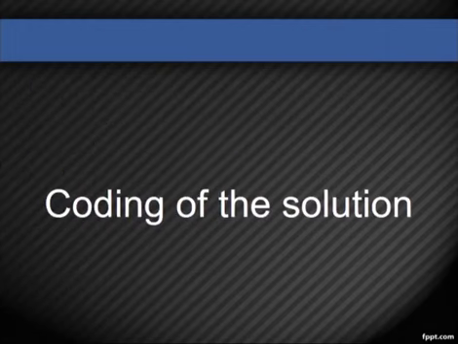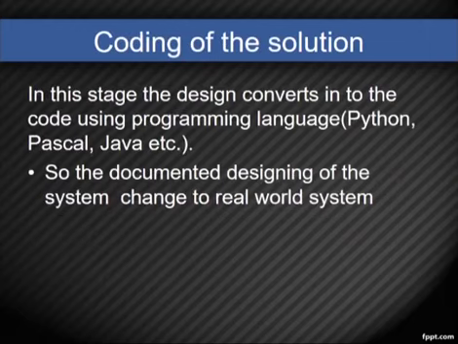Then we go on to code the system. To convert those designs to the physical part, we use computer programming languages like Pascal, Python, Java, or PHP. We can use any programming language to convert those logical designs to the physical coding system.